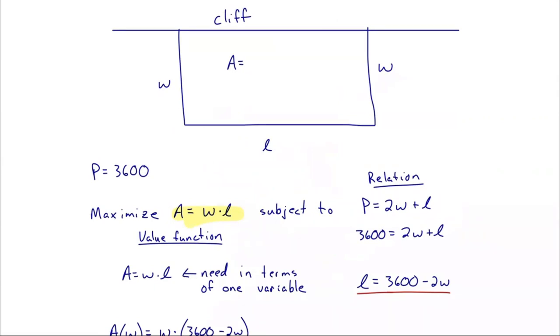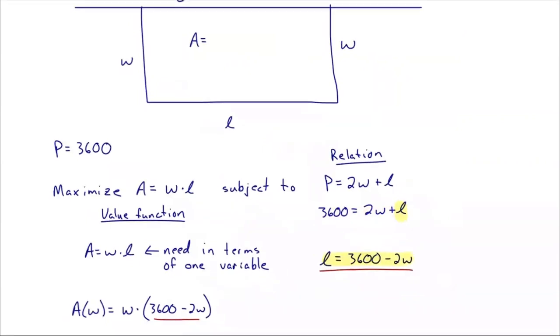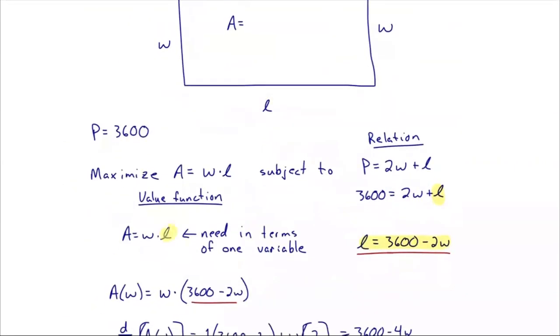However, I have two variables here, and I really need this in terms of one variable. So what I look to is the second equation or relation that I have floating around here. I can solve for L in this equation, and I get L is equal to 3,600 minus 2 times W.